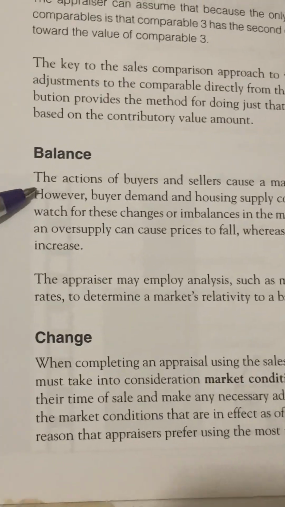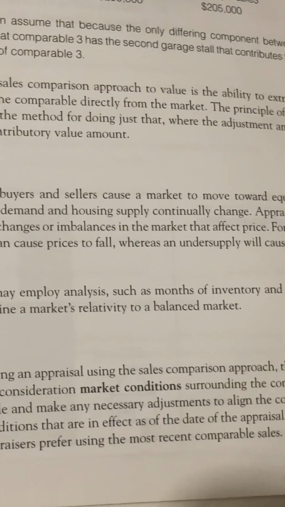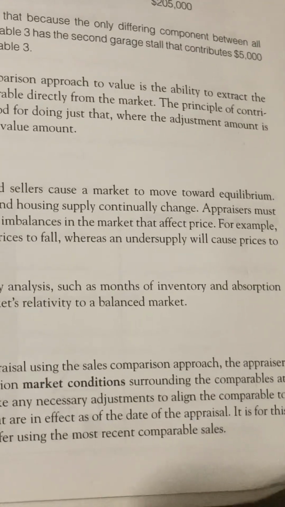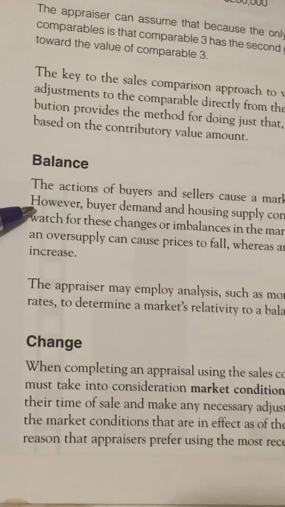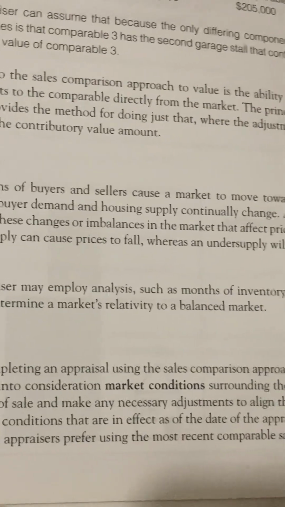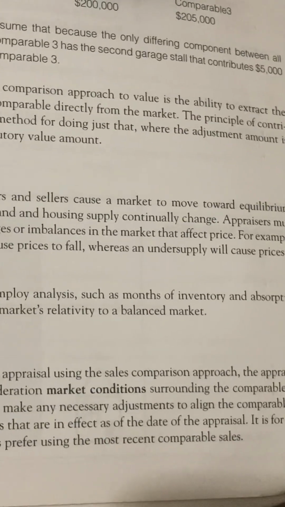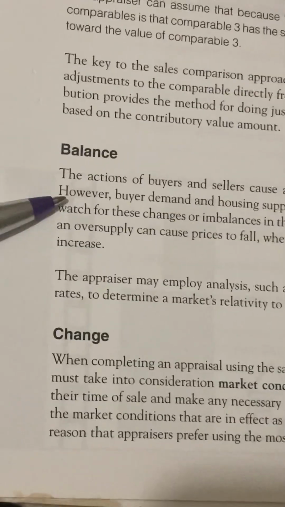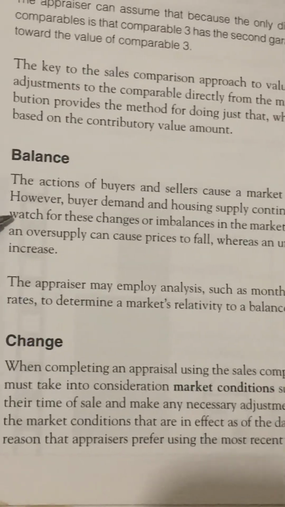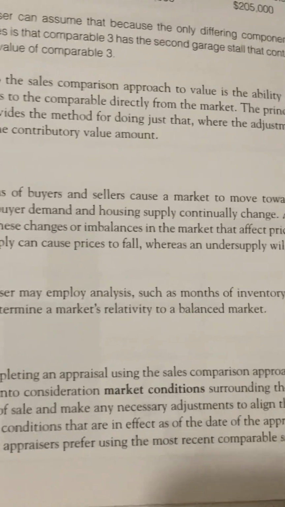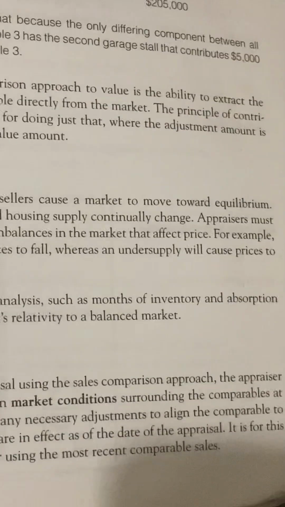Balance. The actions of buyers and sellers cause a market to move toward equilibrium. However, buyer demand and housing supply continually change. Appraisers must watch for these changes or imbalances in the market that affect price.